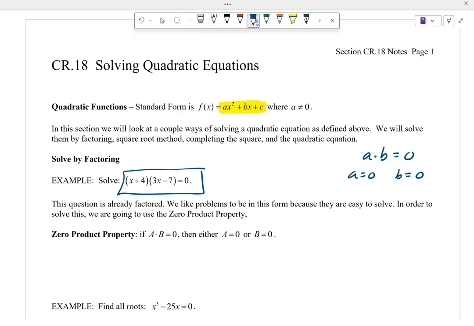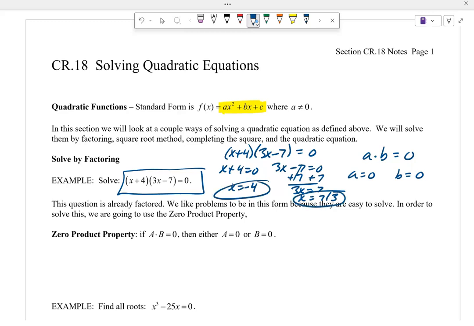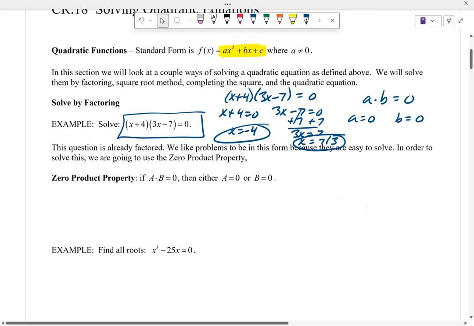So if you have x plus 4, if you have two things being multiplied, x plus 4 could be 0, or 3x minus 7 could be 0. We subtract 4, so we got negative 4 could be an answer, and we've got 7/3 could also be an answer to this quadratic. That's using the zero product property. So that's factoring by solving.